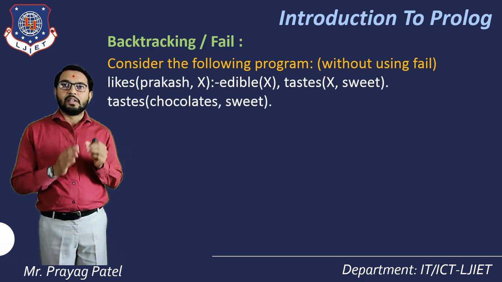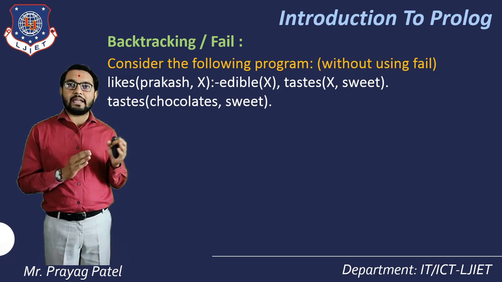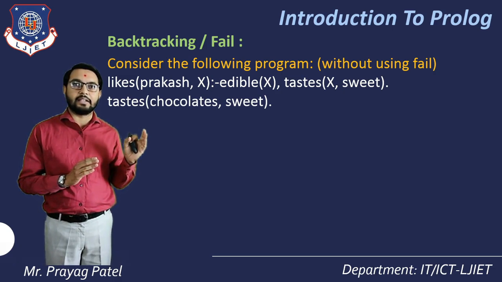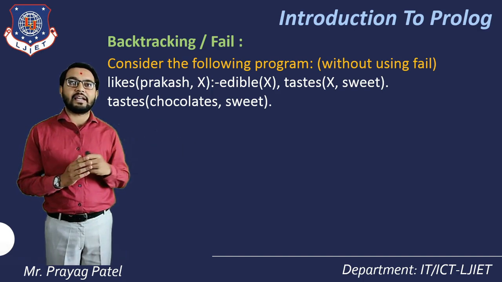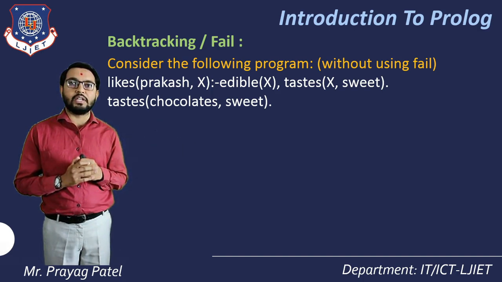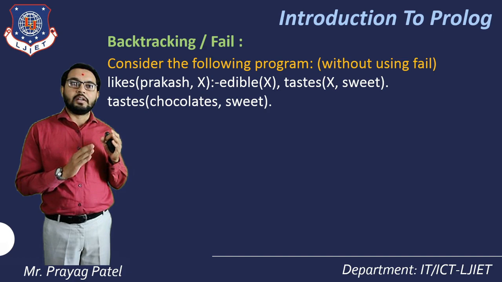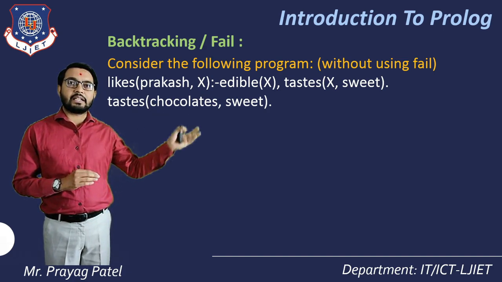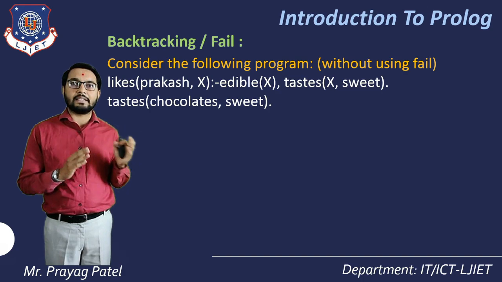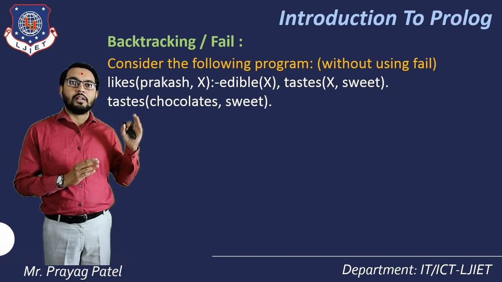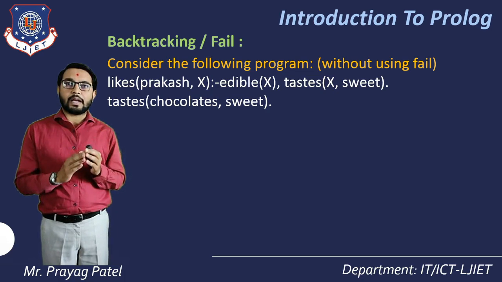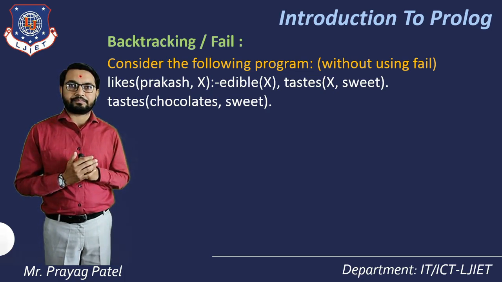Now the first statement is likes Prakash X, meaning Prakash likes X. The right side of the statement is edible X, taste X sweet, meaning first we check the right side: X is edible and X taste is sweet, then Prakash likes X.